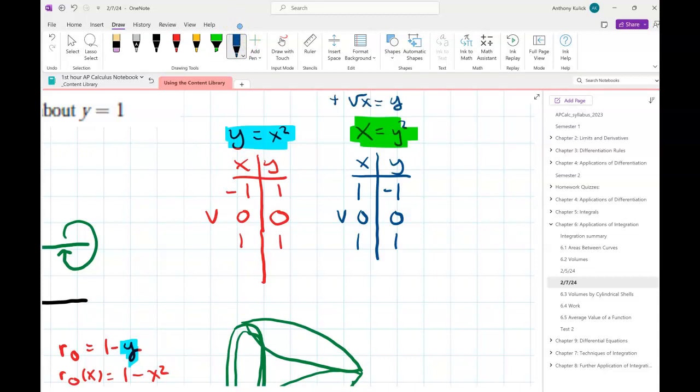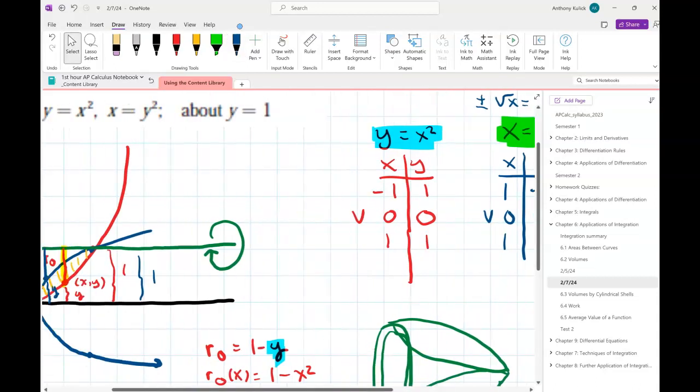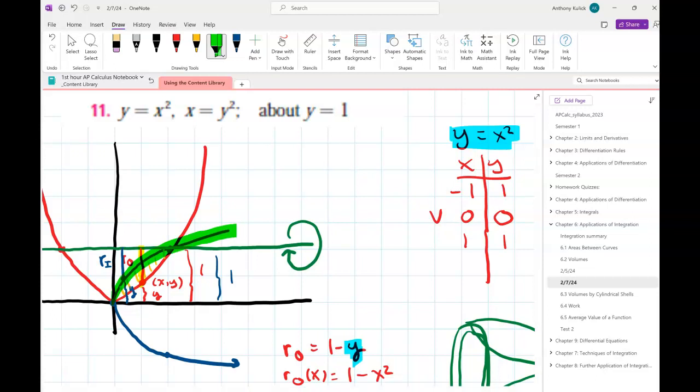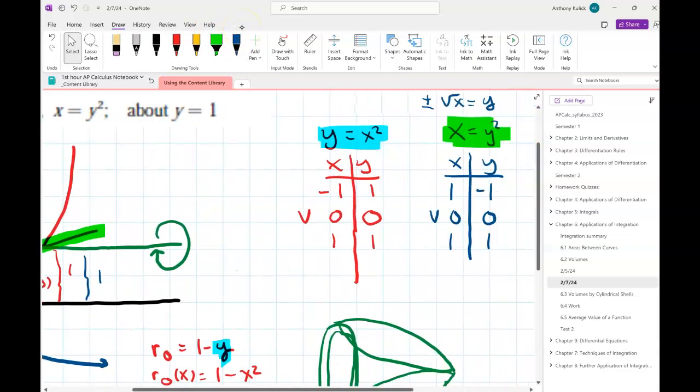Now, technically speaking, it should be plus or minus. How do I know that I can drop the minus? Because I'm on the plus part of my parabola, right? Can everybody see that? The point that I'm drawing is on that plus part, so I can drop the minus.